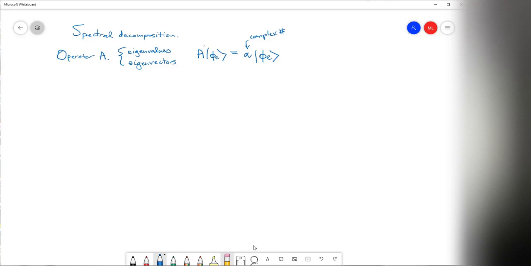It's finding the set of vectors for which A acting on that vector gives you back some number times the vector itself.